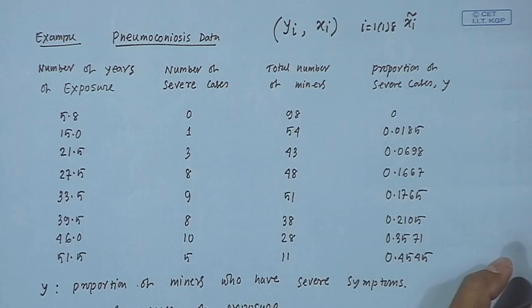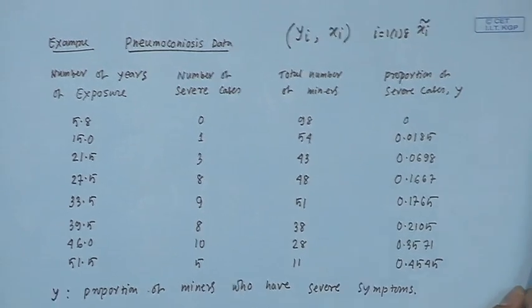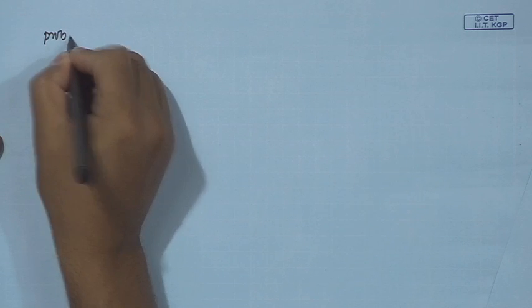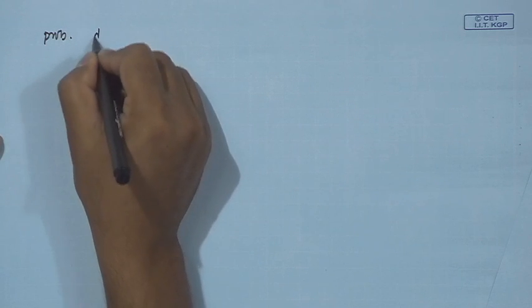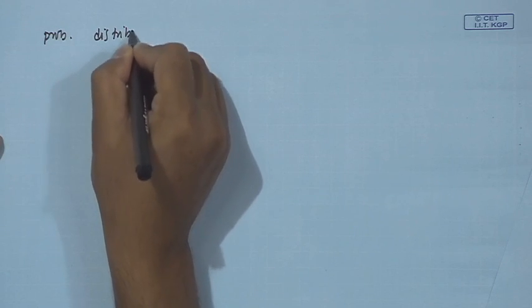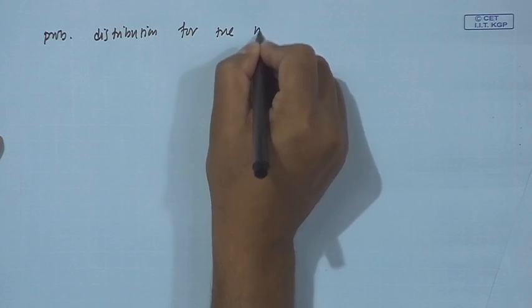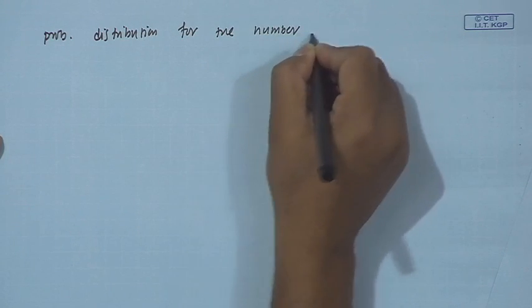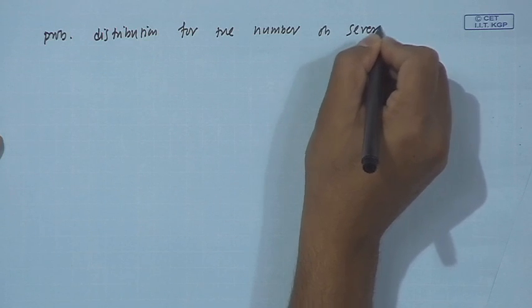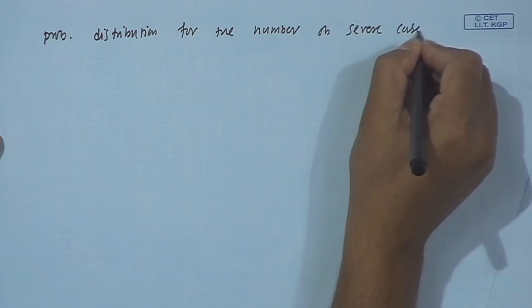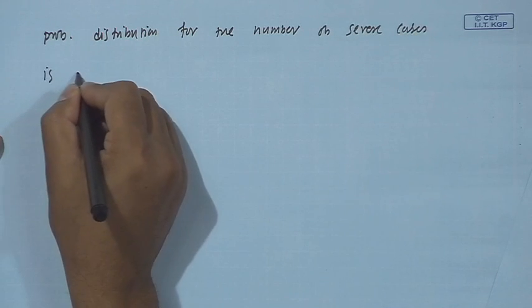Okay. So, the probability distribution for the number of severe cases is binomial.